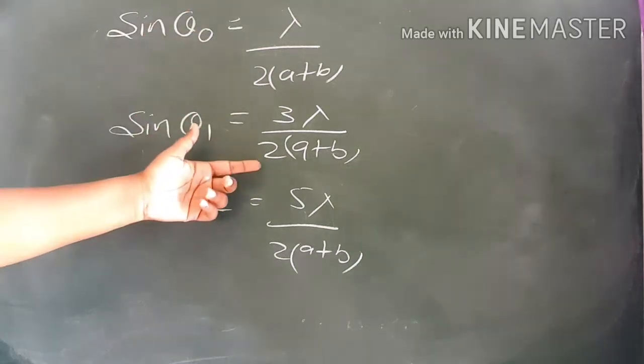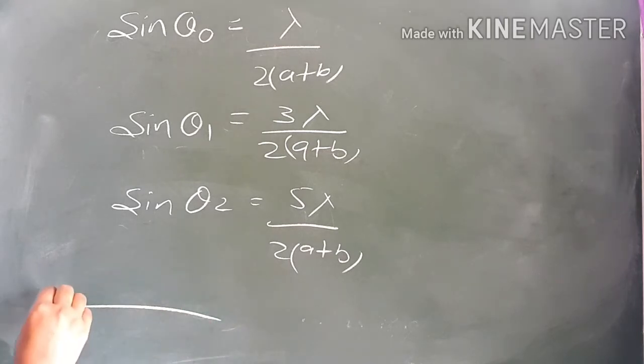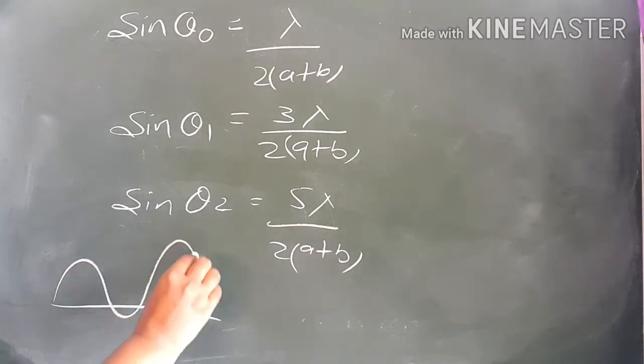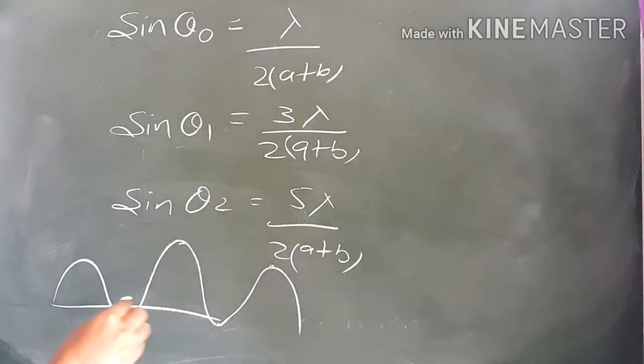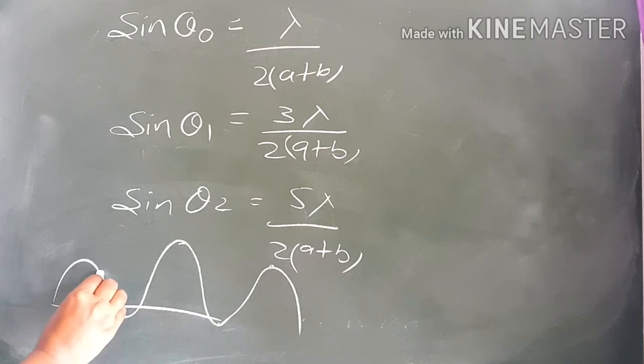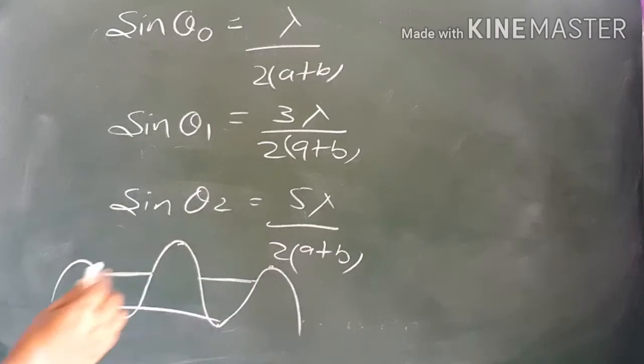From here we can find the angular width between the two conjunctive minima. Angular width between two conjunctive minima means width of maxima. We have to form this type of pattern. This is maxima, this is maxima, this is minima, this is minima.